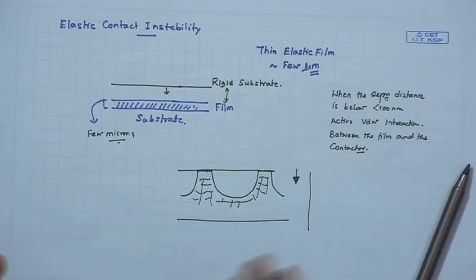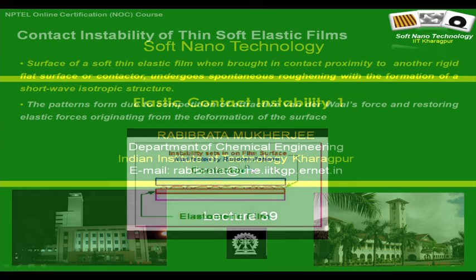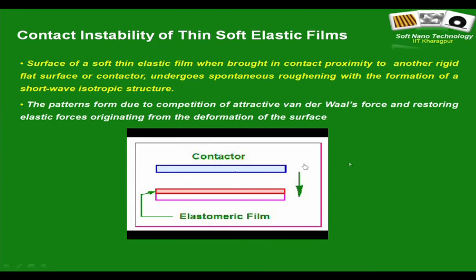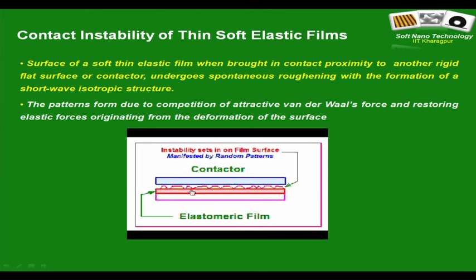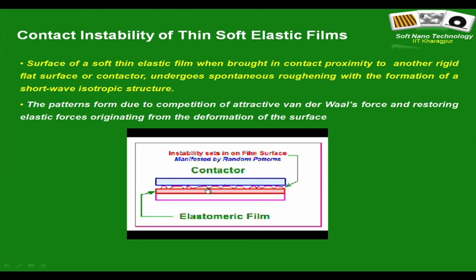I hope you have understood what I have tried to explain. If not, see this cartoon once more. You have a contactor which is coming in contact with a flexible soft elastic film, and before they come in complete conformal contact, there is a zone where the separation distance between the film and the contactor is again in the range of that 100 nanometer bracket.